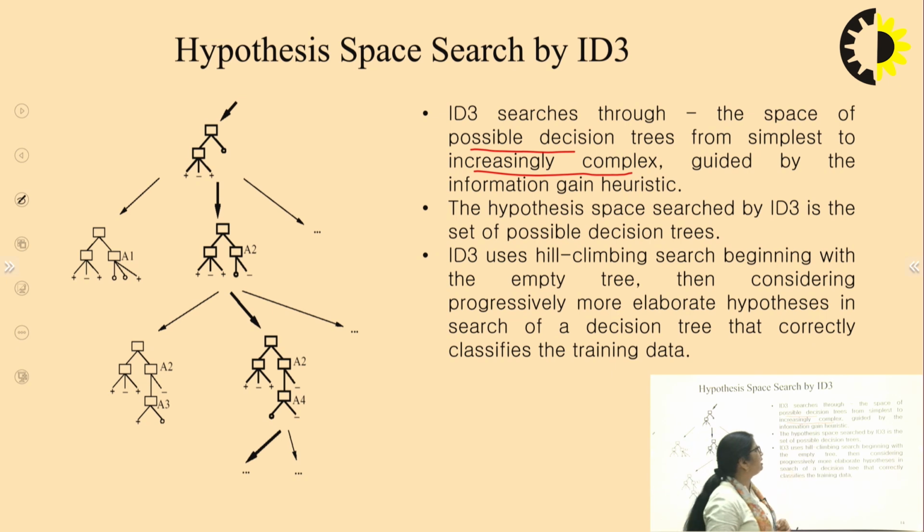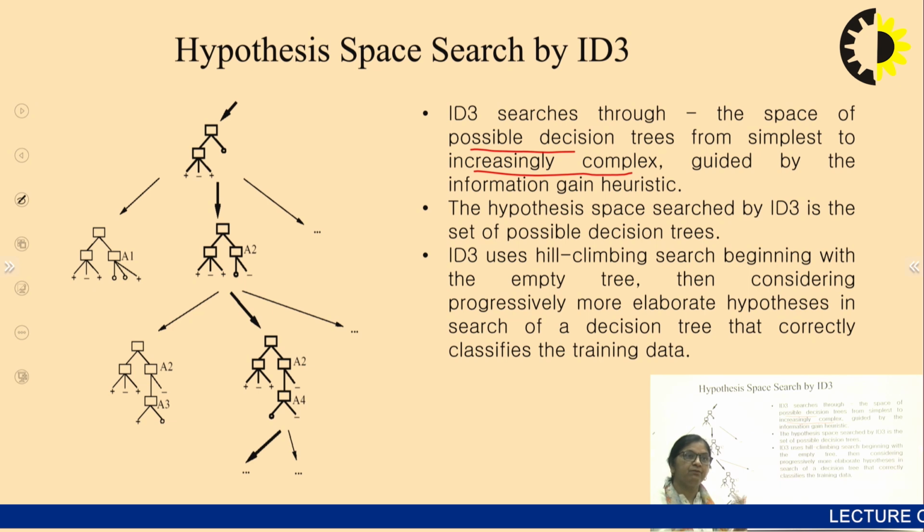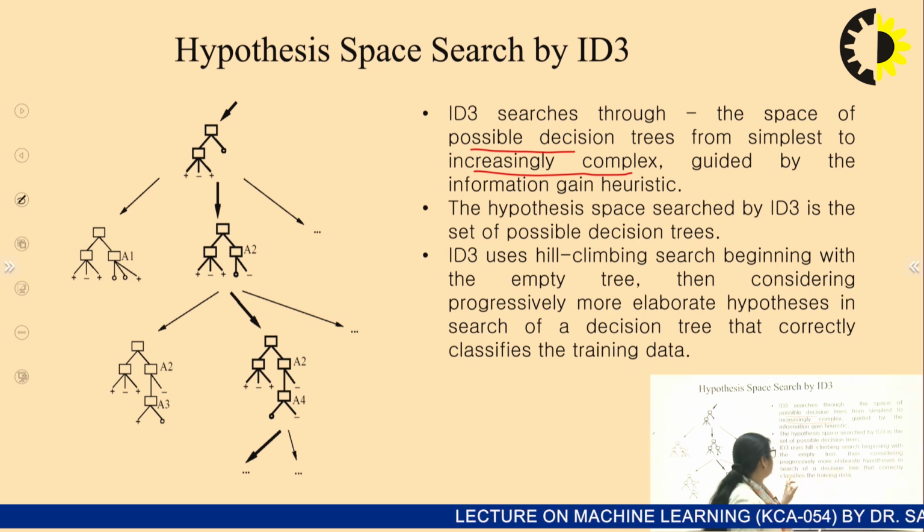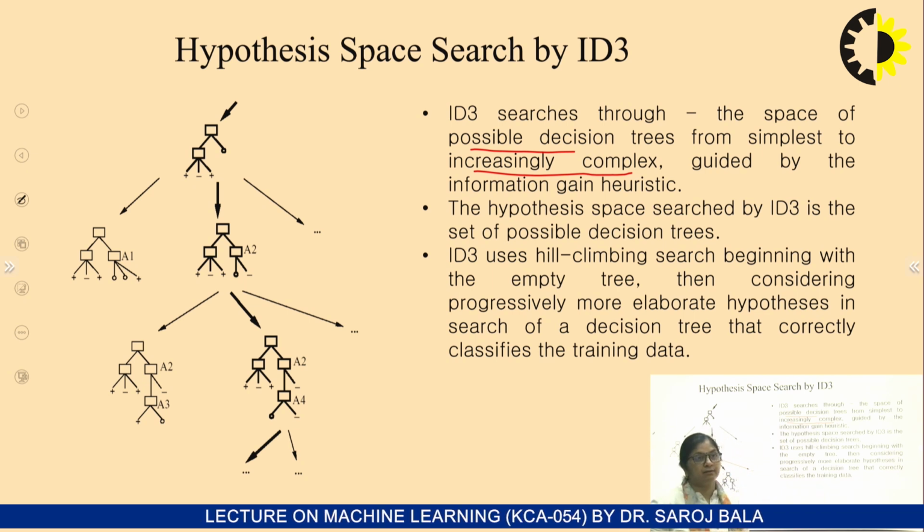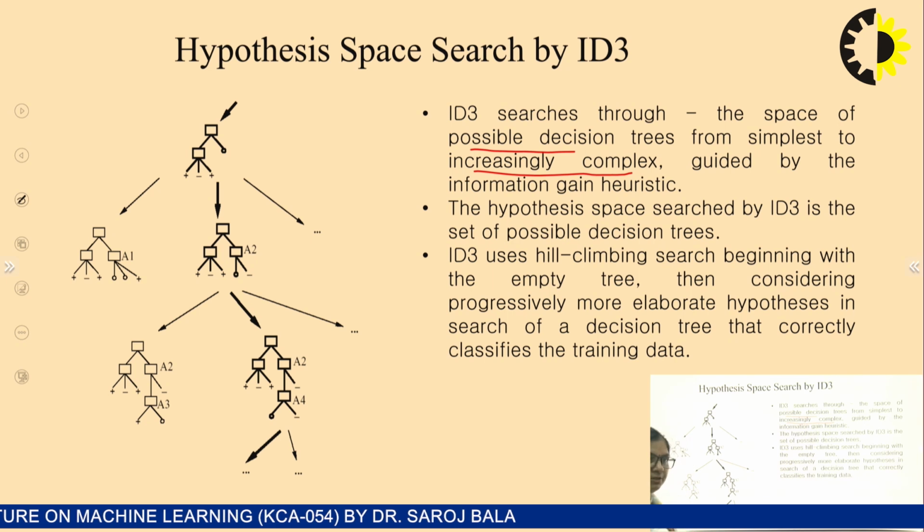It uses hill climbing search beginning with the empty tree. Initially it is empty, then we create the root and so on, considering progressively more elaborate hypotheses in search of a decision tree that correctly classifies the training data. So this is our search by ID3.